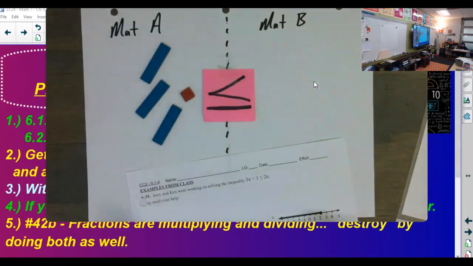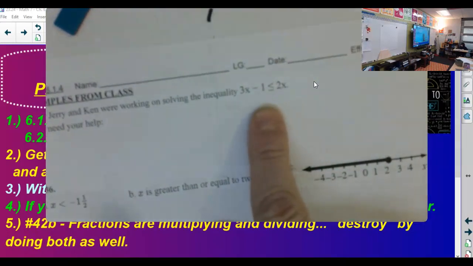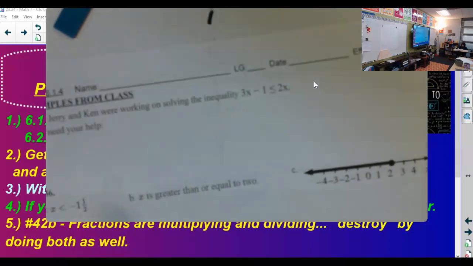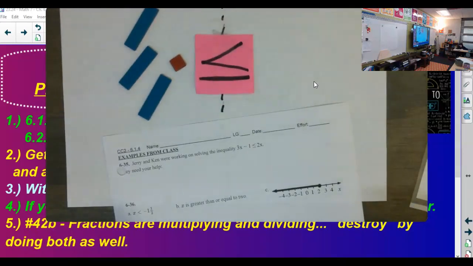A -1. I know it looks like a minus, but we can't minus 1 from 3x. It is impossible, because we don't know what x is. So instead of calling this minus 1, we're going to call it negative 1. And then on the right-hand side, Ezekiel, what do we have on the right side?